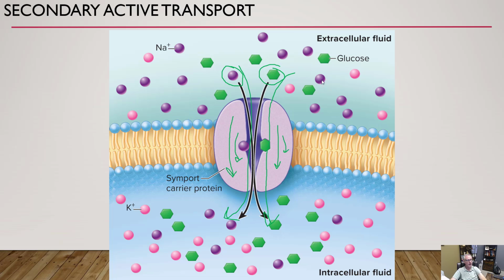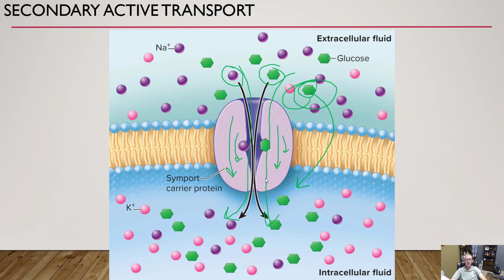Technically, it's an active process because we're going against the concentration gradient, because glucose has a higher concentration on the inside of the cell versus outside, and we're bringing glucose in the cell. But we're not using ATP because glucose is just the hitchhiker in this scenario. We're already bringing in sodium, so let's just bring in glucose as well.